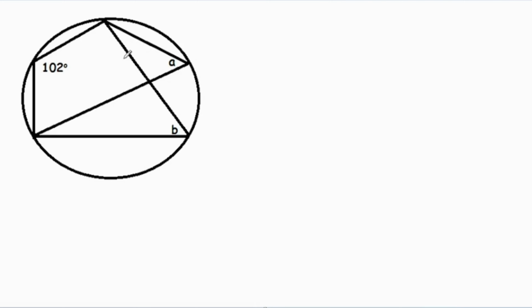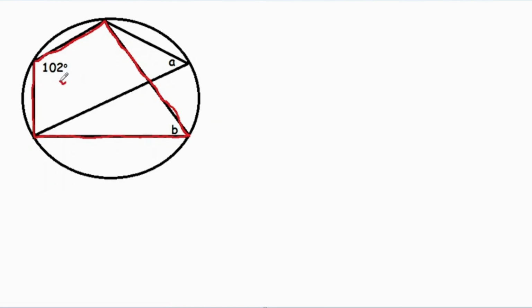In this example, we have two cyclic quadrilaterals, and let's trace out the first one. Just follow my red ink. Now, going by my red ink, the cyclic quadrilateral is very obvious.